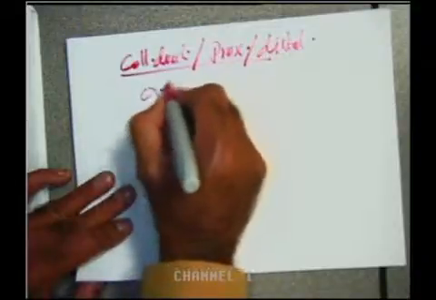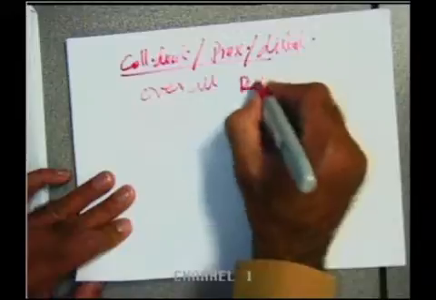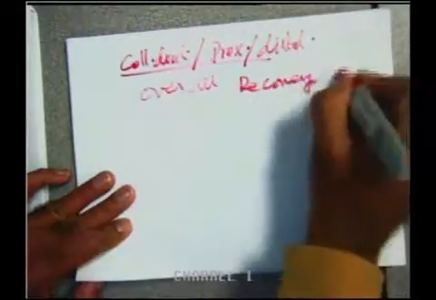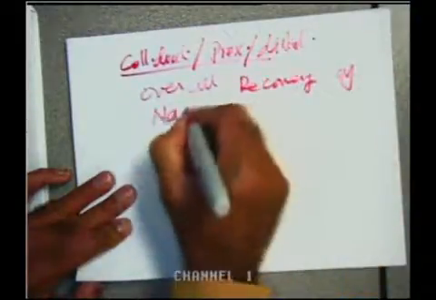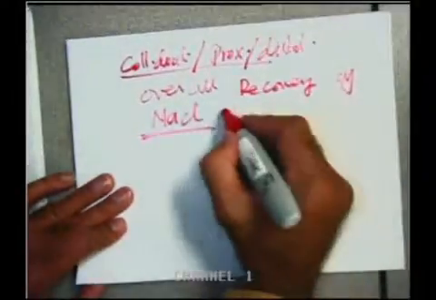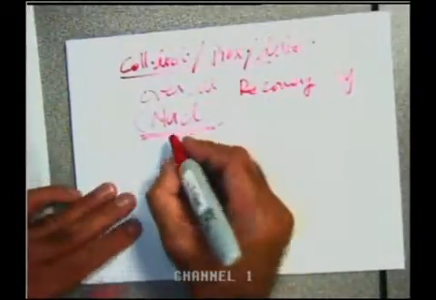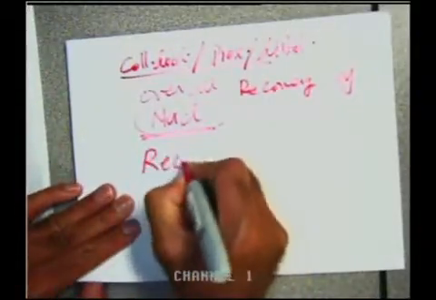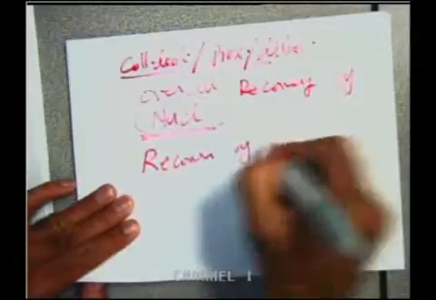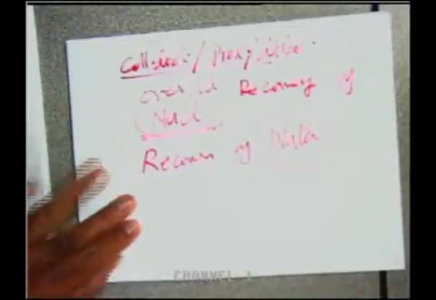So it contributes to the overall recovery of sodium, NaCl. So the angiotensin will help recover more sodium chloride. Okay. It also recovers water. Why do I say the recovery of water from here?